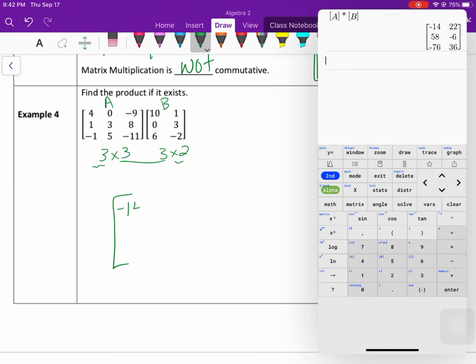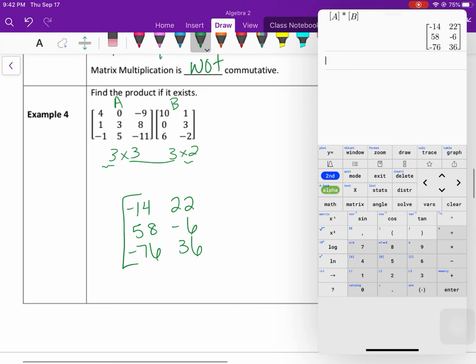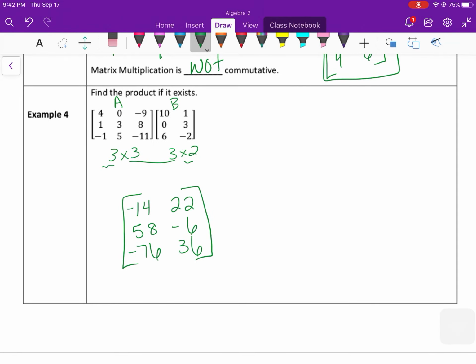And the answer is -14, 22, 58, -6, -76, and 36. So it is much easier with the calculator. Not that it is necessarily hard without the calculator, but it's just tedious.